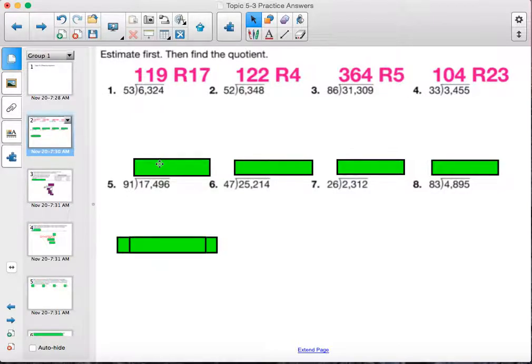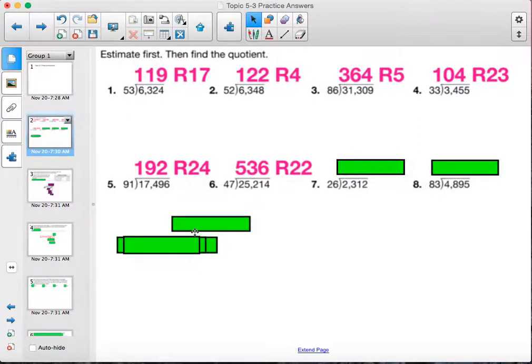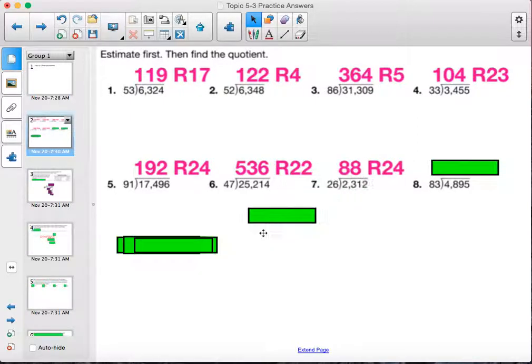Moving on to number 5. You have 192 with a remainder of 24. Number 6. The quotient is 536 and a remainder of 22. Number 7.